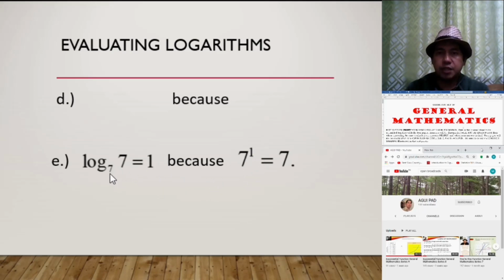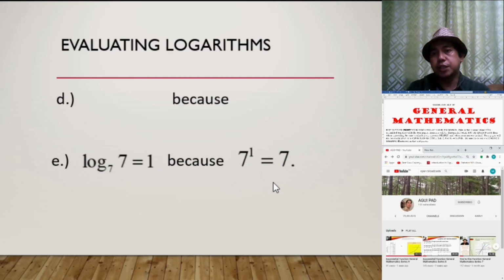So what is my y in here? My y in here is 1, which in the exponential form will be the exponent, which is 1. What is my base? 7, which is the same as 7 in the exponential form. What is the result? Of course, log of 7, the result is 7.